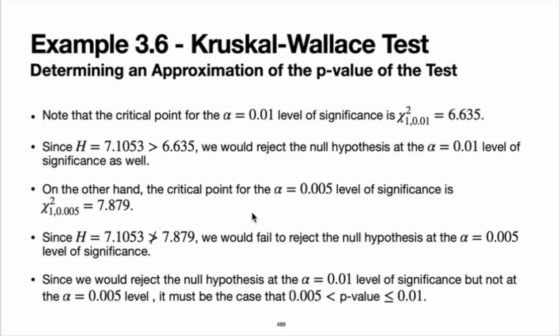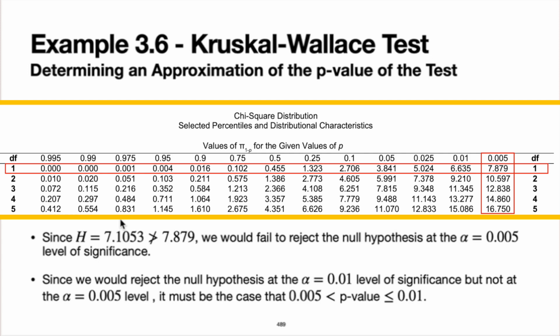Now, what about at the 0.005 level? The critical point for a 0.005 level test is 7.879, and our test statistic 7.1053 does not exceed that. So we would fail to reject the null hypothesis at the 0.005 level of significance.